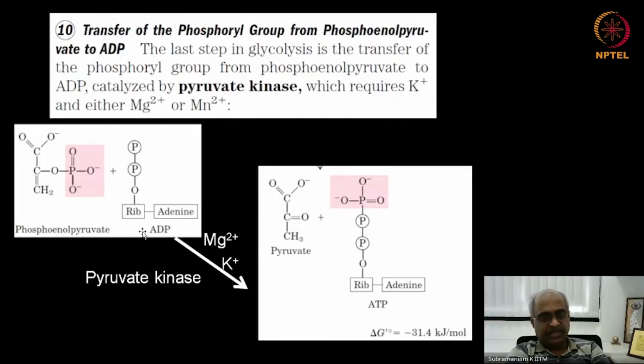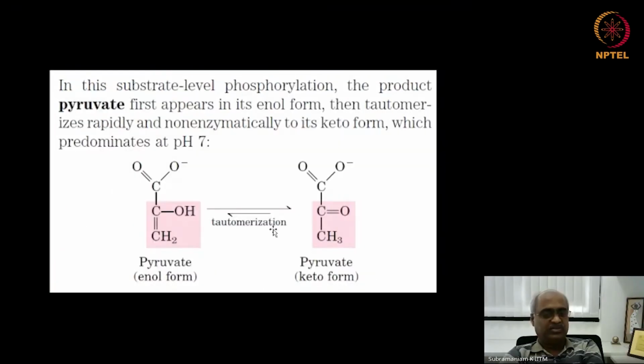In terms of ATP production, 2 ATP molecules are produced per glucose in glycolysis. So the pyruvate produced can undergo keto-enol tautomerization, and due to that, it is more stable. That is shown here.